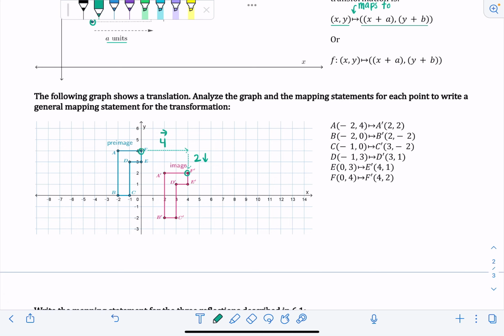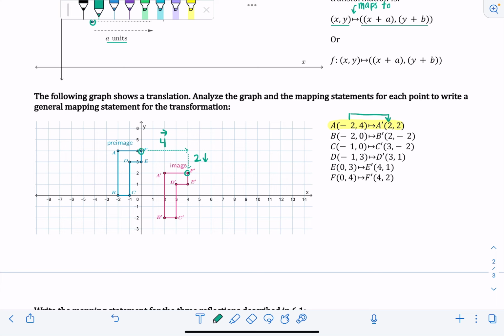Before I do that, I just want to show how if you were just given a set of points, you could also find how the translations worked, as long as you knew it was a translation. So for my points, if I just look at the first line, A and A prime, I'm going from -2 to +2.